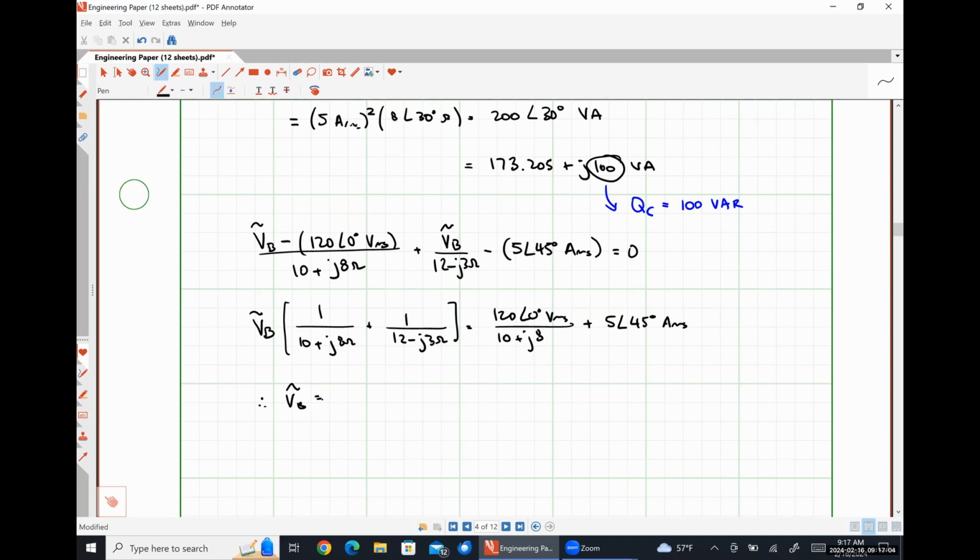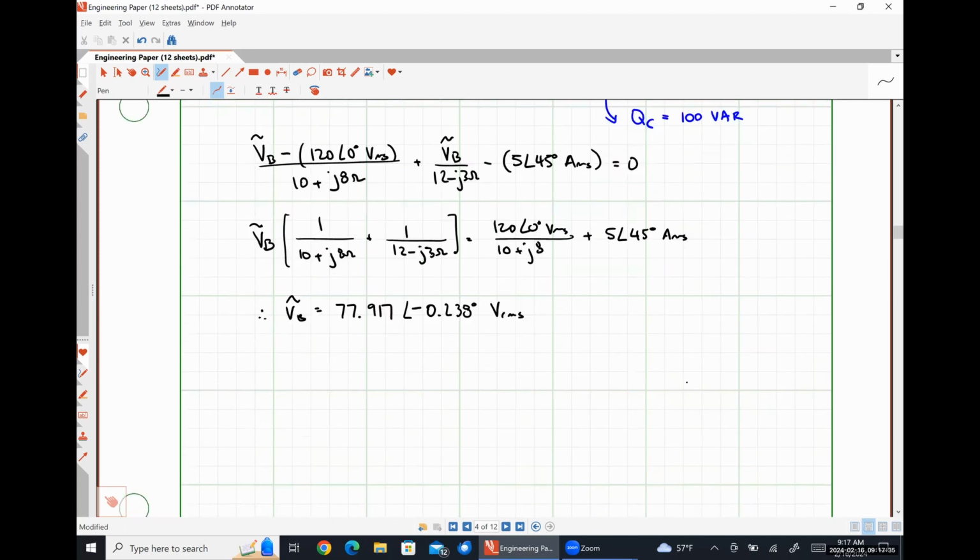Store that in my calculator as y. And then y divided by x gives me 77.917 angle negative 0.238 degrees volts RMS.